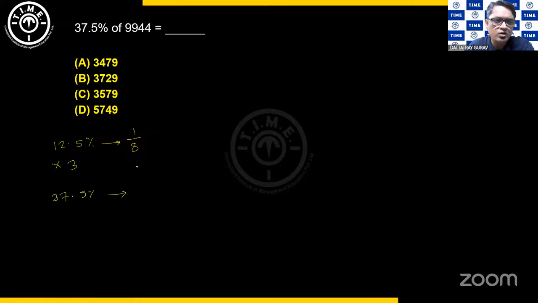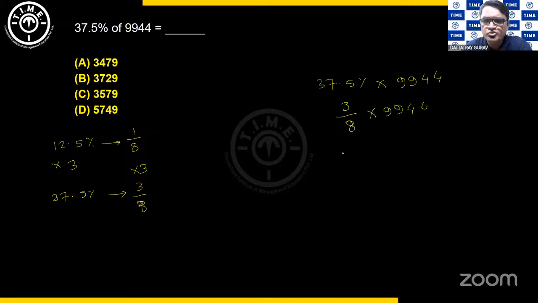Indirectly it becomes what? 3 by 8. So 37.5% is 3 by 8 into 9944. So just divide by 8 now.